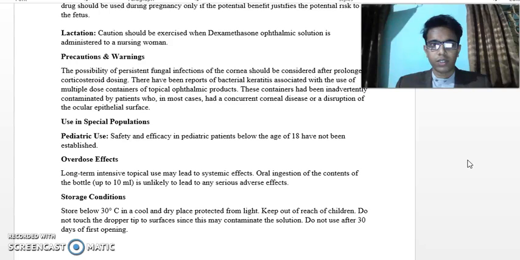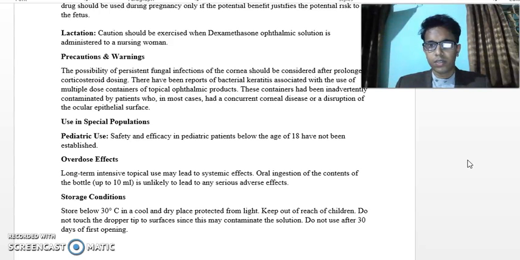Precautions and warnings. The possibility of persistent fungal infections of the cornea should be considered after prolonged corticosteroid dosing. There have been reports of bacterial keratitis associated with the use of multiple dose containers of topical ophthalmic products.